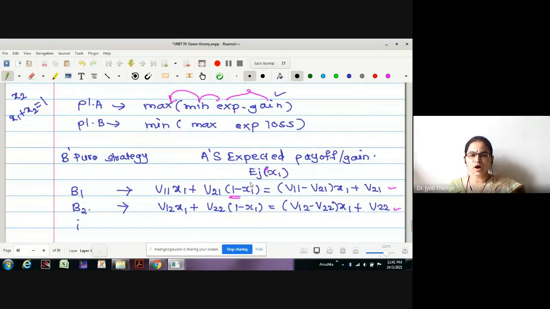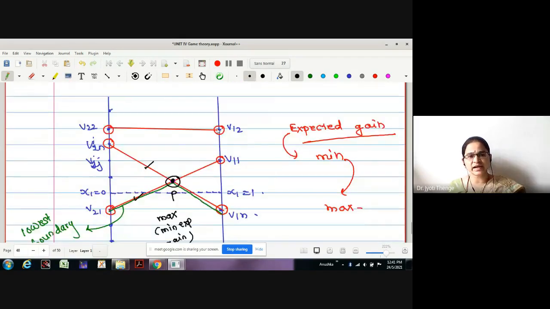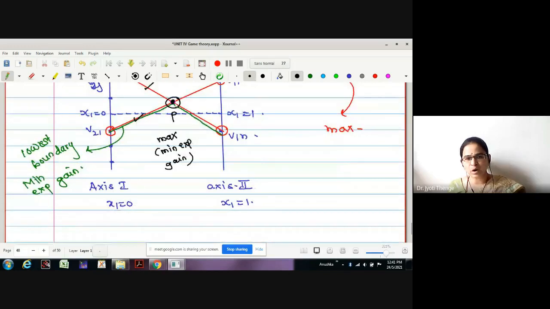You have to find out the expected gain, linear equations of expected gain, that is the straight lines. Then plot the straight lines like this. Lowest boundary will give us the minimum expected gain. Then the highest point of the lowest boundary will give us the maximin point.